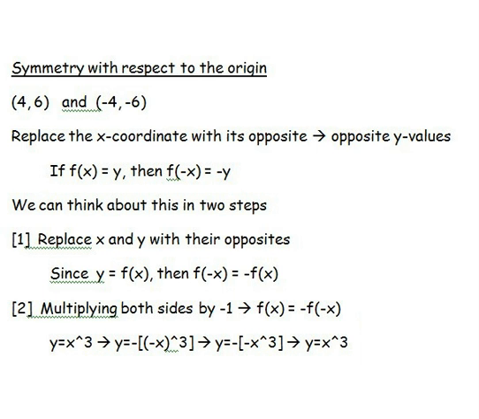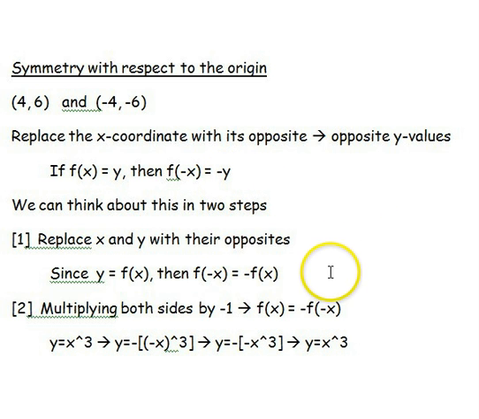Let's examine what it means to be symmetric with respect to the origin. If I start with the point 4, 6, we ended up replacing both the x and the y coordinate with its opposite. In notation, it says if f of x is equal to y, then the x value becomes negative and the y value becomes negative.